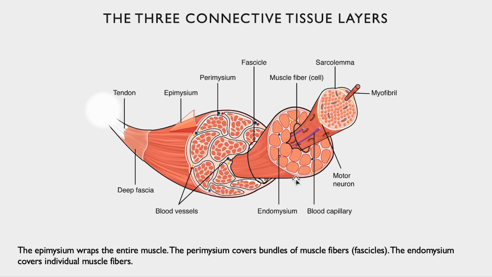The fascicles are surrounded by a layer of connective tissue. That is the perimysium, wrapping the bundle, this fascicle. The perimysium also contains blood vessels, and the entire muscle is surrounded by the epimysium. The epimysium continues and covers the tendon. Above this epimysium, we have another layer of connective tissue that is called the deep fascia.